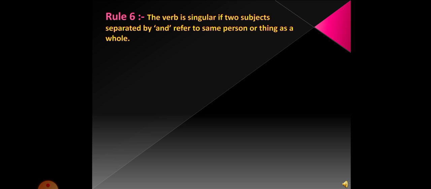The verb is singular if two subjects separated by and refer to the same person or thing as a whole. That means if there are two subjects which are joined by and, but both subjects refer to the same person, then we use the singular verb, as his owner and manager is Mr. Ashok.